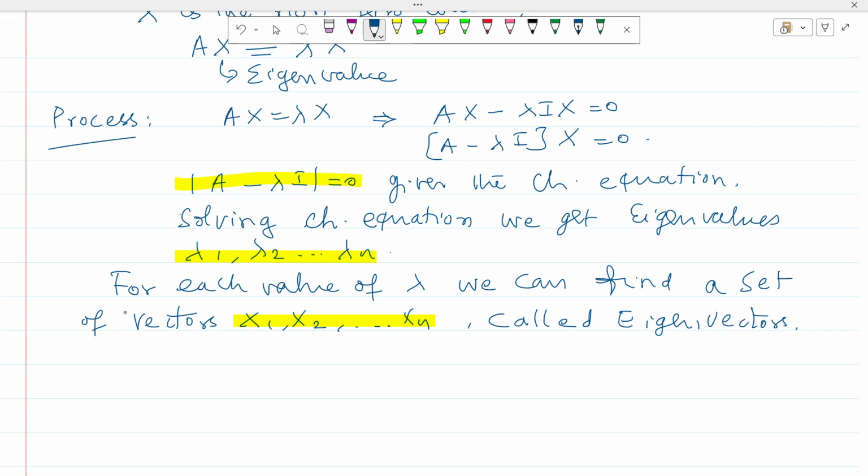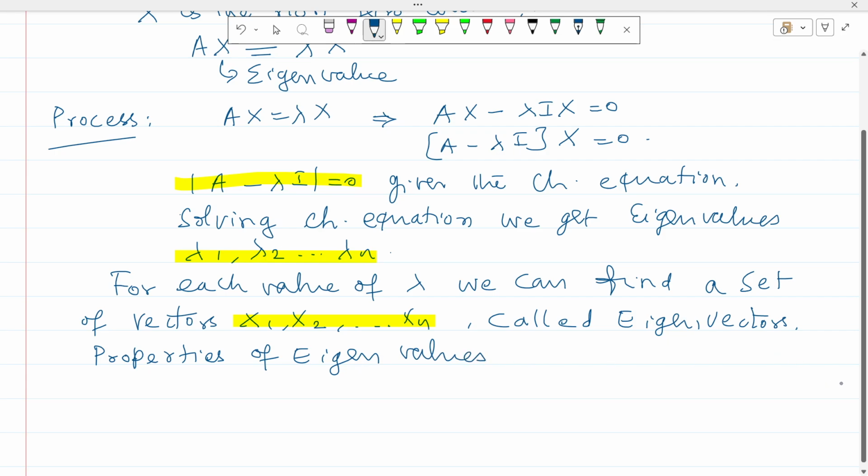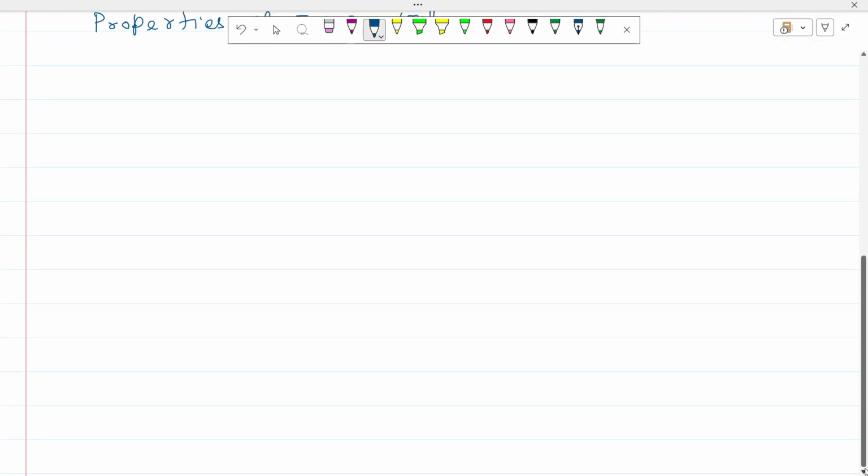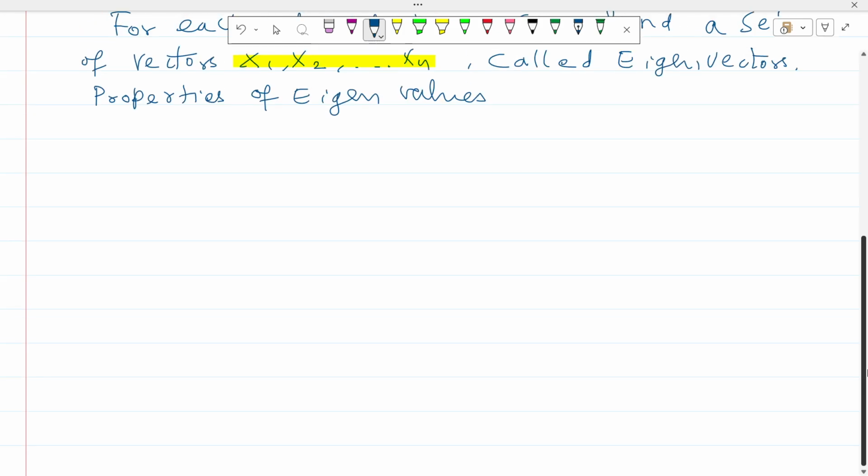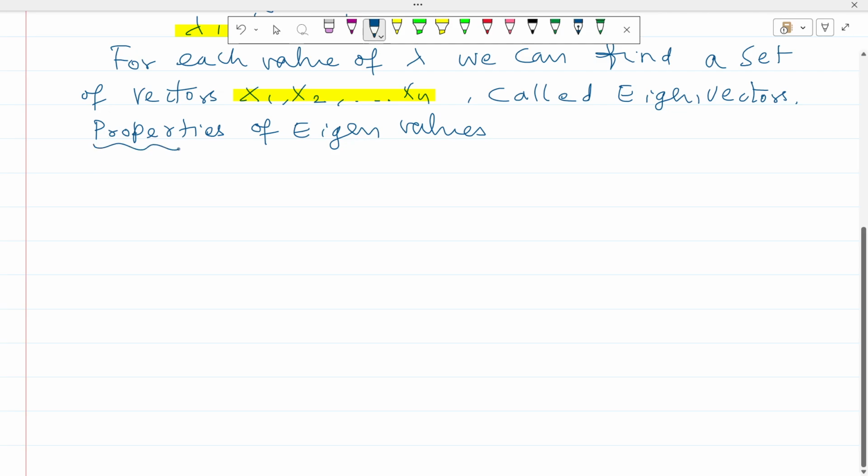Particularly, what are the properties of eigenvalues? Very simple, just a quick recap. Properties of eigenvalues. First property is A and A transpose have the same eigenvalues.